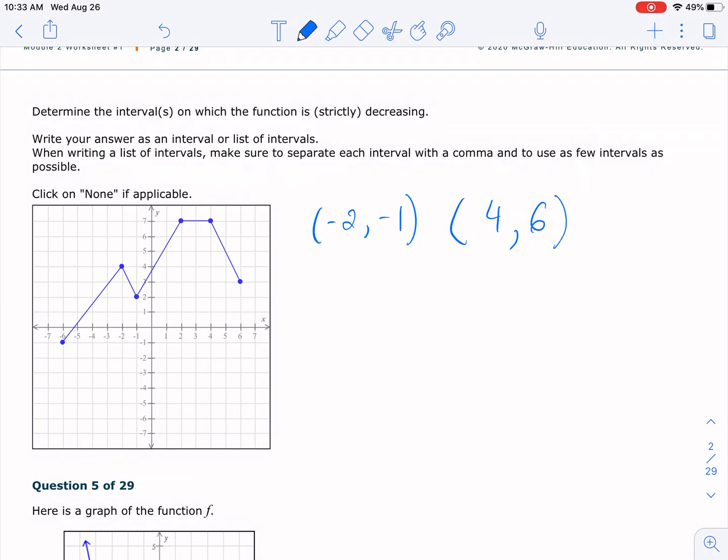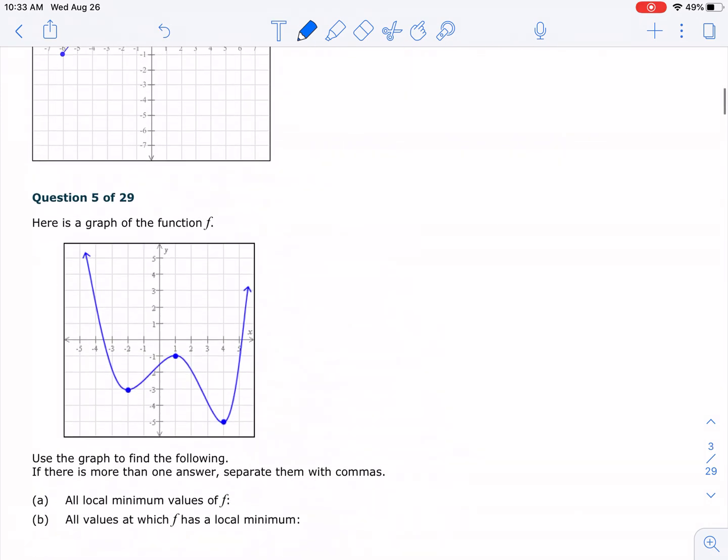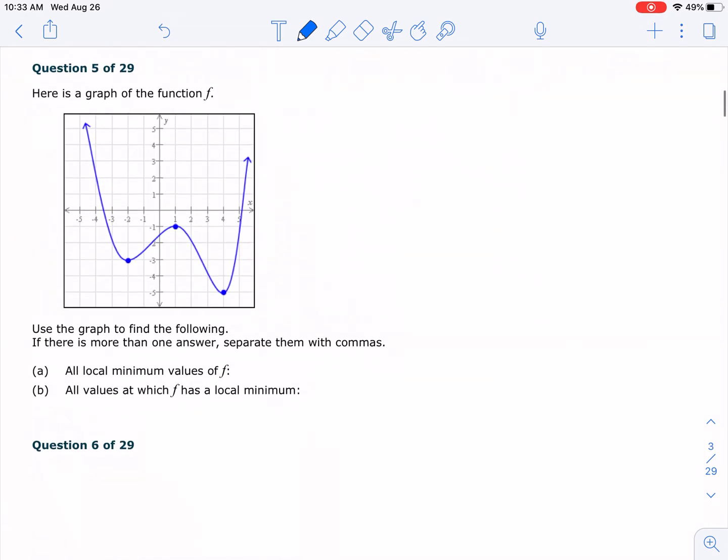Now, take a look at number 5. They're asking you for all the local minimum. So don't forget local. You take a look at each interval separately.